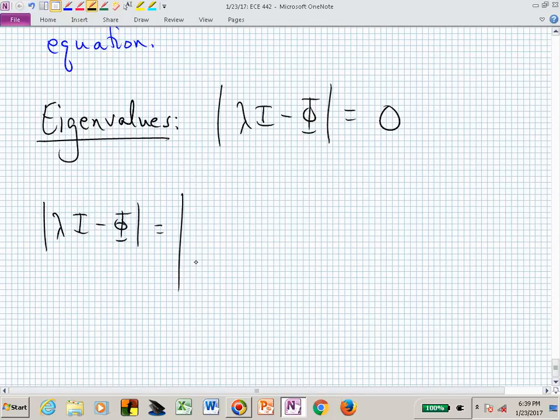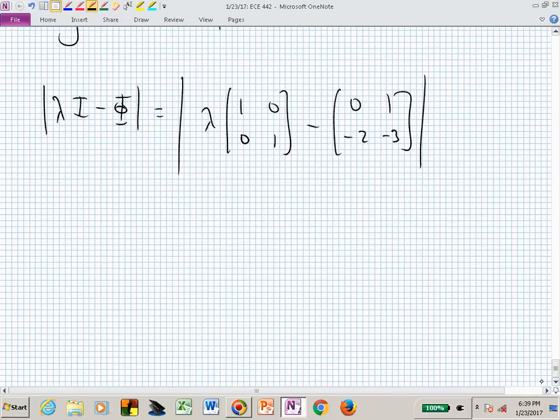We now take lambda times I. I is the identity matrix, and it has to be the same size as phi. Phi was 2 by 2. And we need to find the determinant of that expression in terms of this variable lambda.